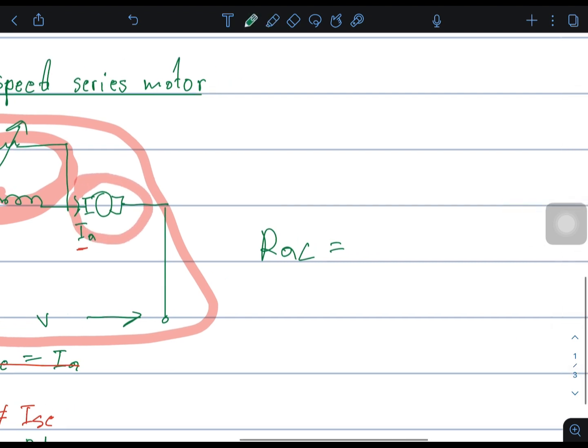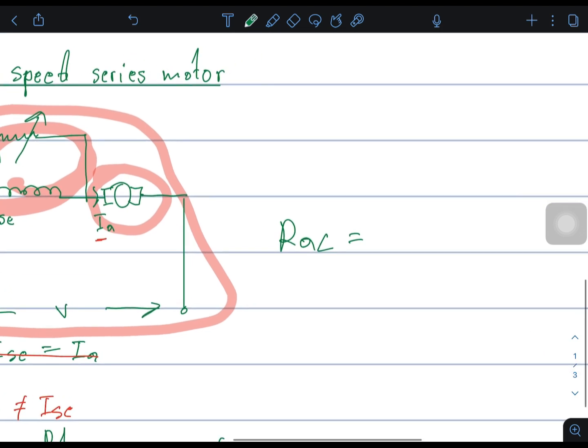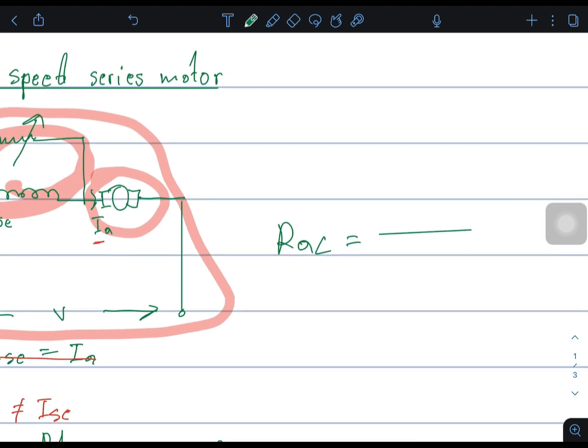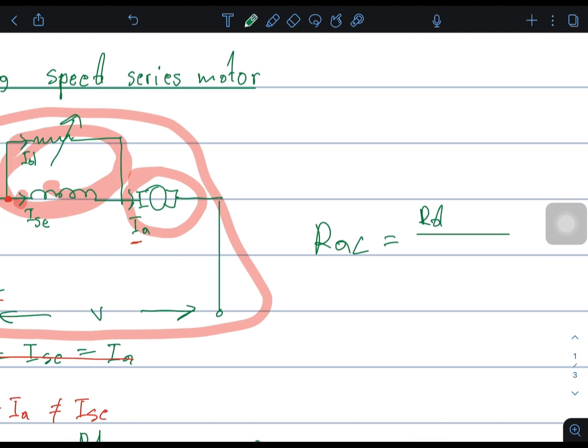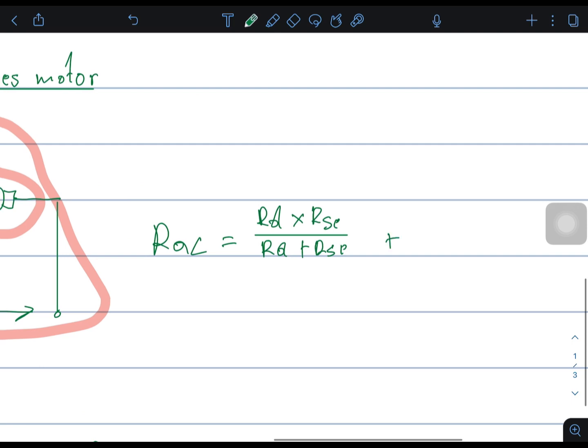So first we calculate the parallel combination, you can use the product over sum rule: RT times R series over RT plus R series, then we add R A.